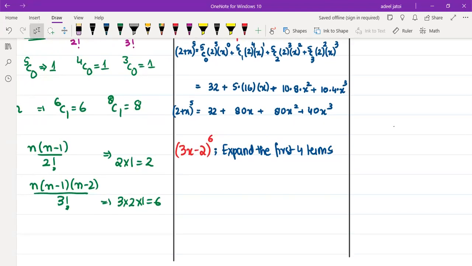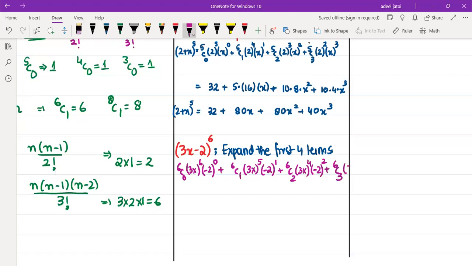So this should be 6C0, (3x) to the power 6, minus 2 to the power 0, plus 6C1, (3x) to the power 6 minus 1, which will become 5, minus 2 to the power 1, plus 6C2, (3x) to the power 4, minus 2 to the power 2, plus 6C3, (3x) to the power 3, minus 2 to the power 3.